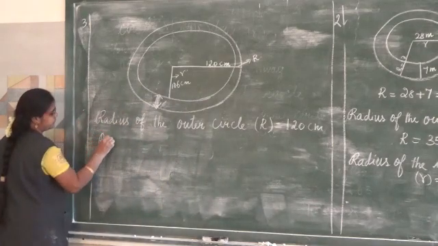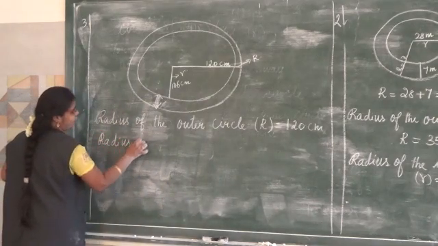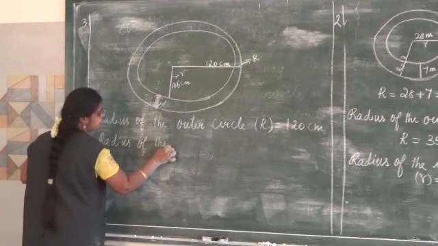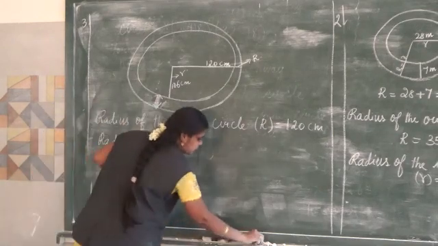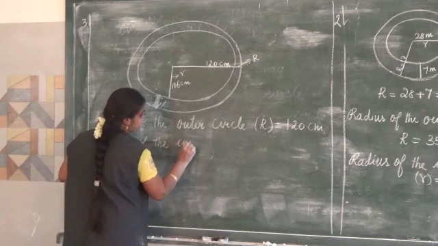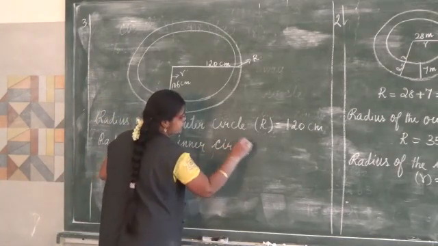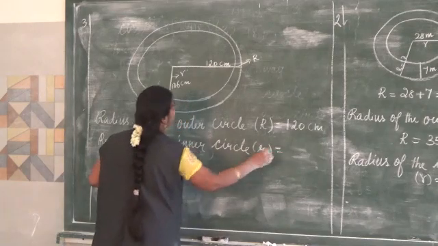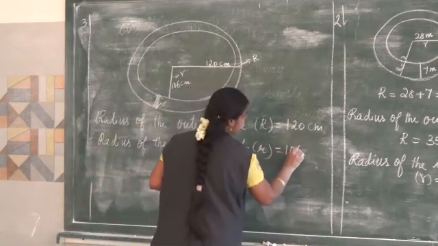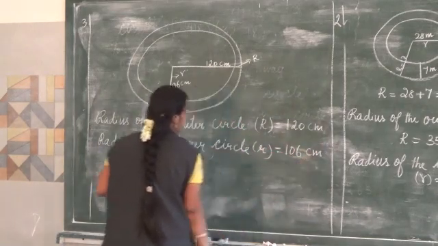The radius of the inner circle, small r, is equal to 106 centimeter.